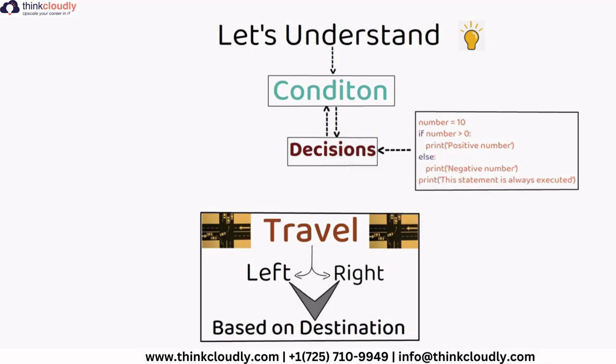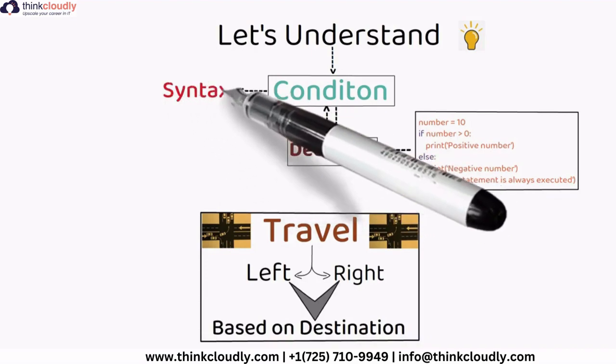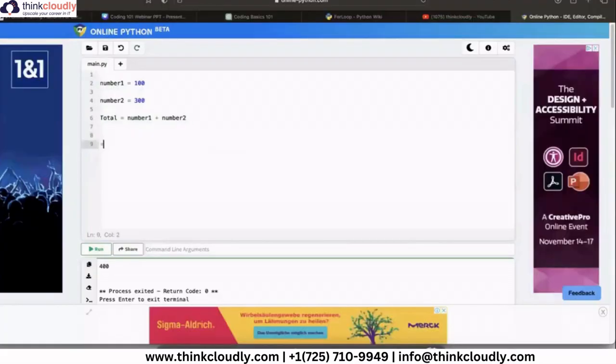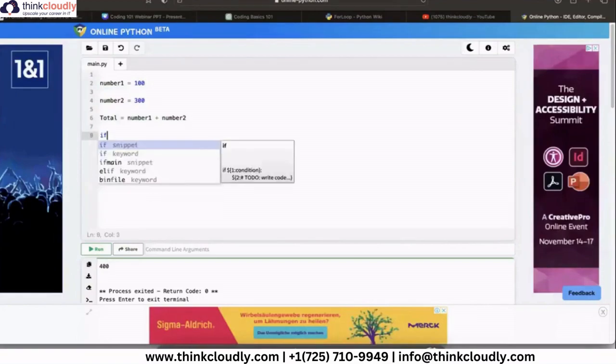If you have to take the real decisions, that is possible only with the help of conditions. Let me show you how we are going to do that. Condition actually follows a syntax that is if and else. So I'm going to type if. I'm actually giving a condition.